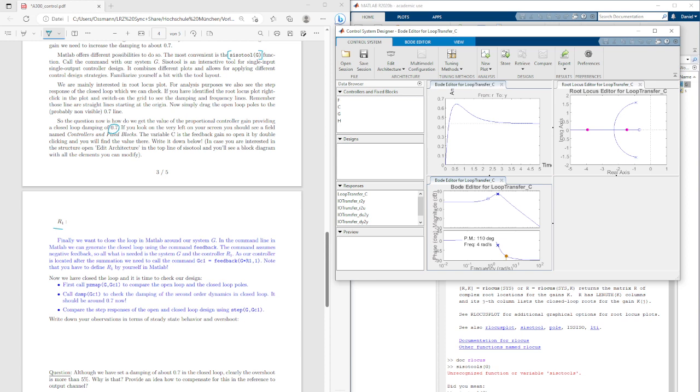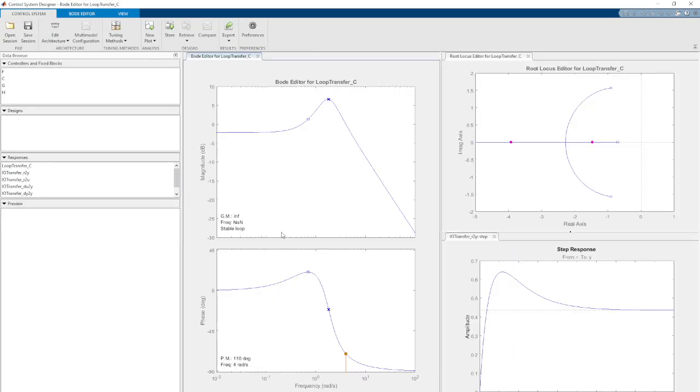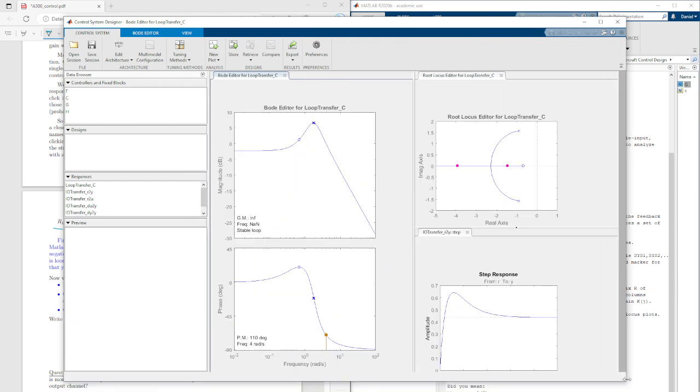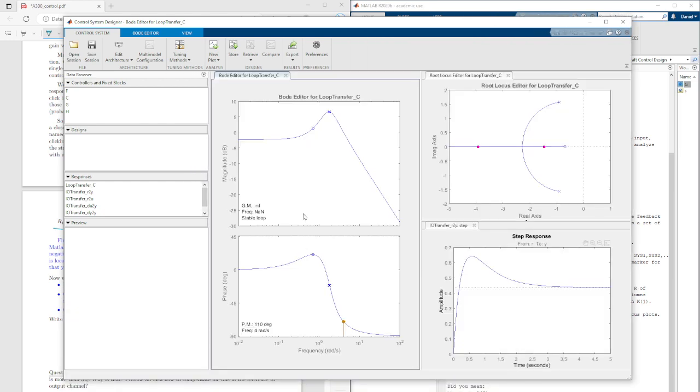What you see now, and I'm going to make the whole thing a little bit bigger, is the following. On the left side you have the so-called Bode plots. They are in the frequency domain. We're going to start discussing those next week, so we are not going to bother about those two here on the left.